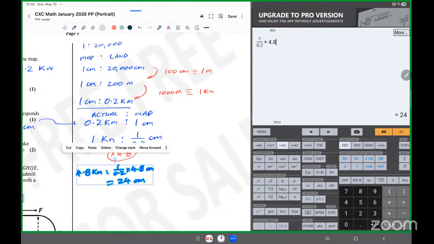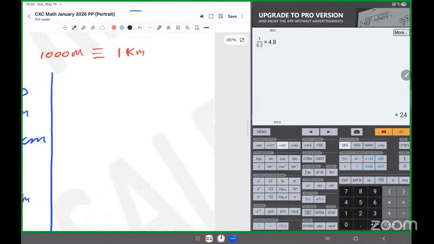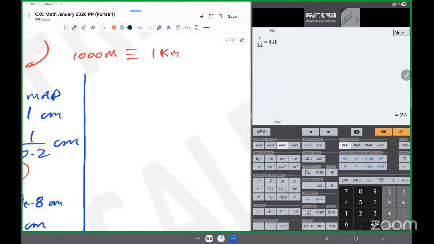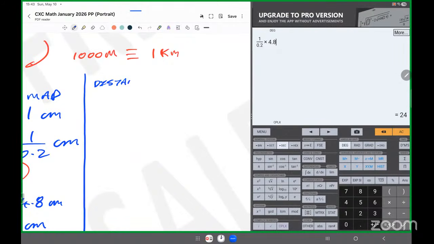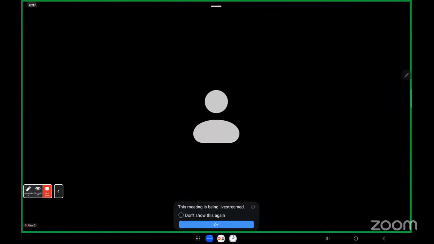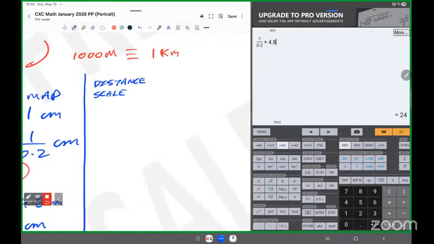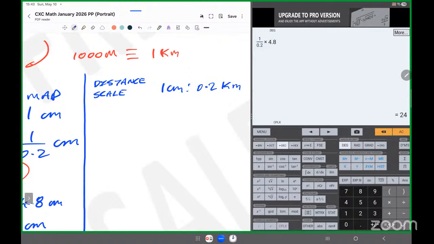All right, watch this now. So we have the distance scale. The distance scale is 1 centimeter to 0.2 kilometers.